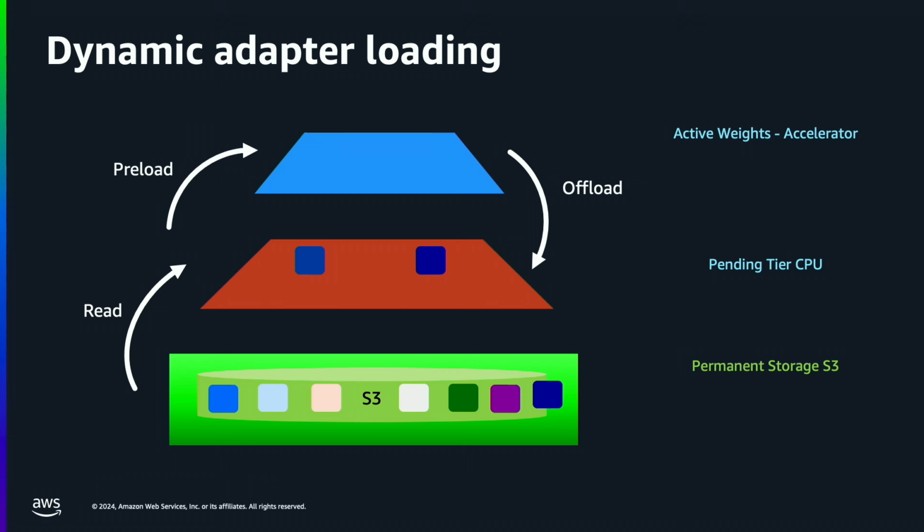Then the least recently used adapters may get offloaded to the CPU and eventually to external storage if required. But LoRA offers that feature of CPU offloading and then reloading from CPU to the GPU high bandwidth memory, based on the least recently used algorithm, out of the box. You don't have to write a single line of code. It's just there out of the box.